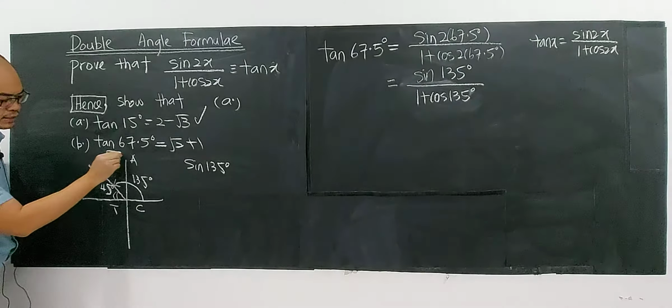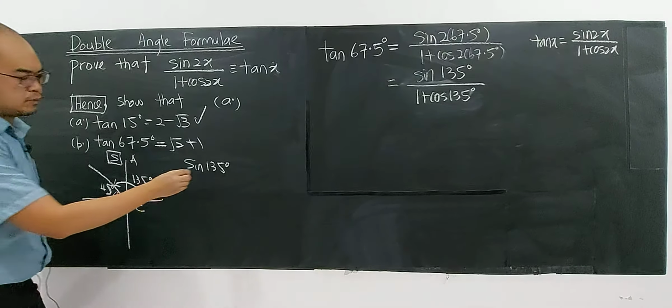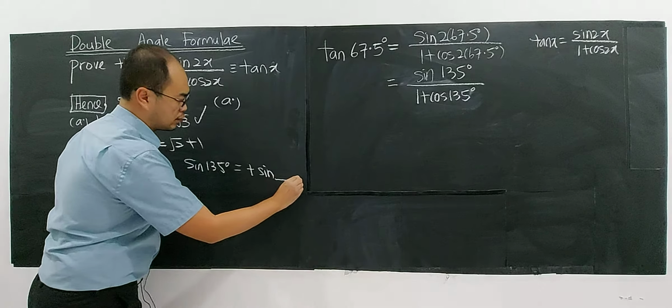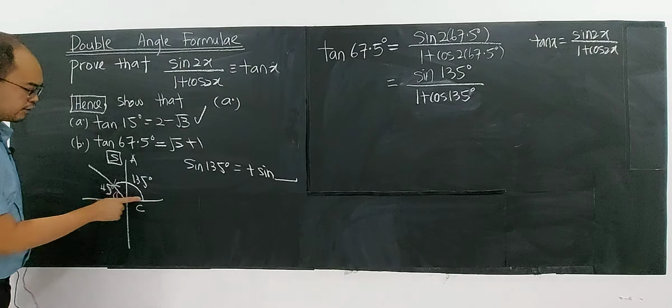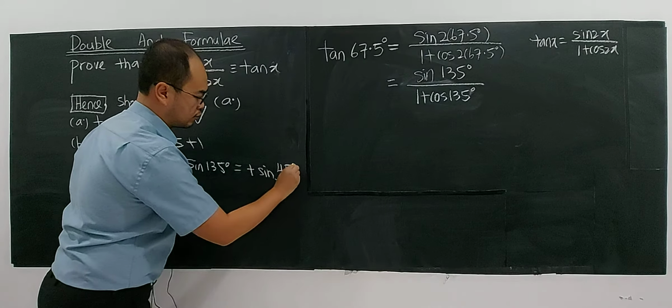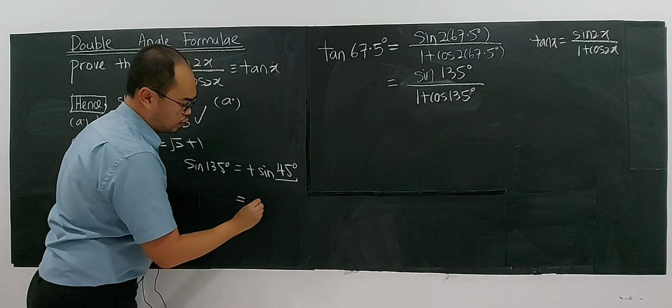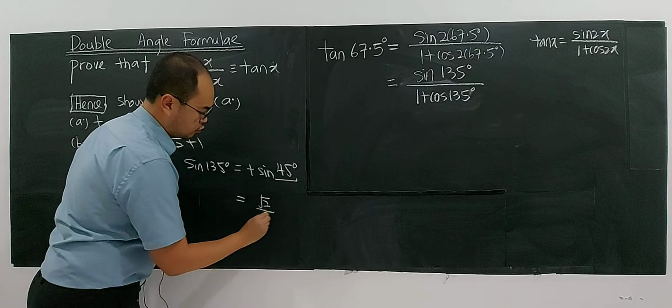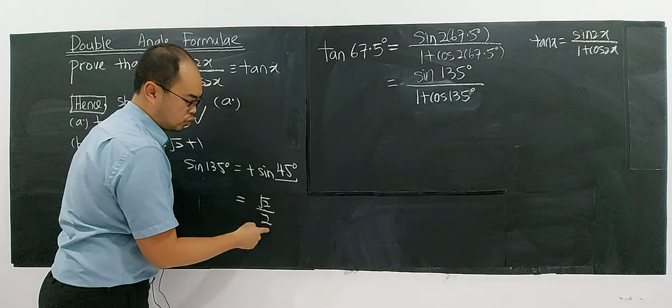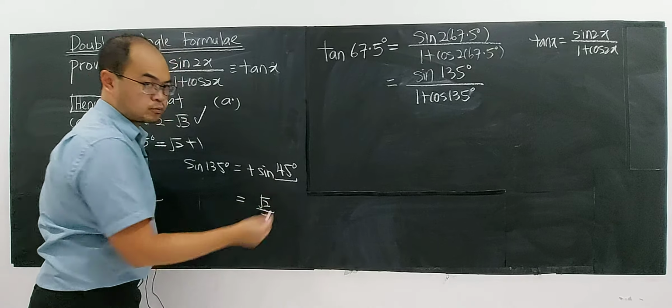For this quadrant, sine is positive, right? So it means this one is positive in this quadrant, and you have to have the acute angle here. The acute angle corresponding to this one is 45, which gives you square root of 2 over 2, right? Sine 45 is square root of 2 over 2 or 1 over square root of 2.